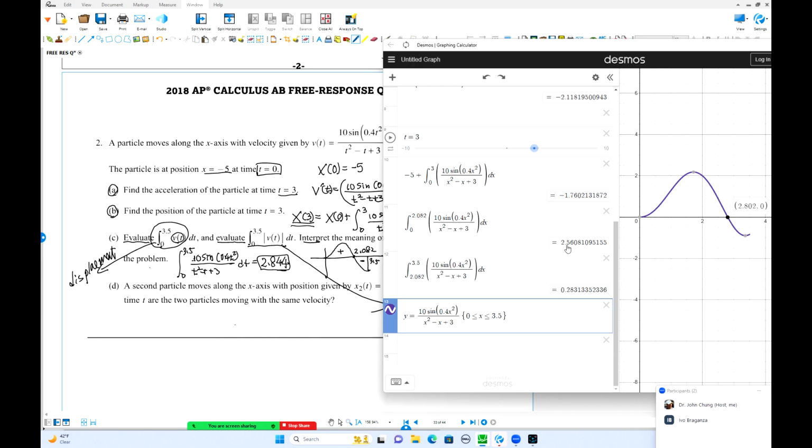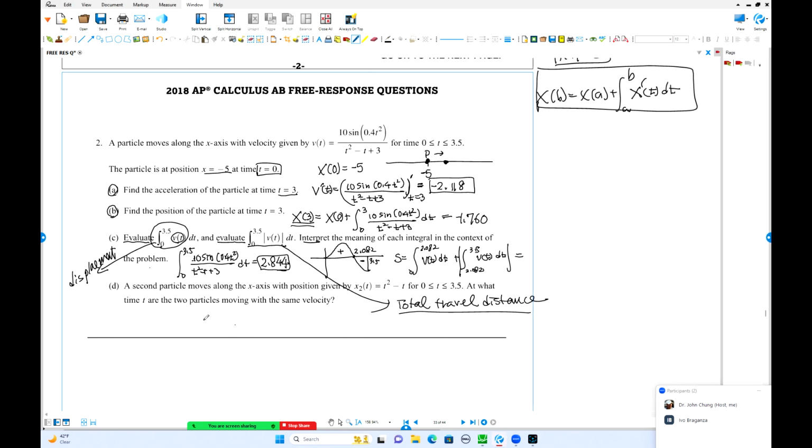When you add this one, okay, 2.7. Okay, let me check this number here. I don't know what happens. So we don't get this number, okay? All right, number D there.